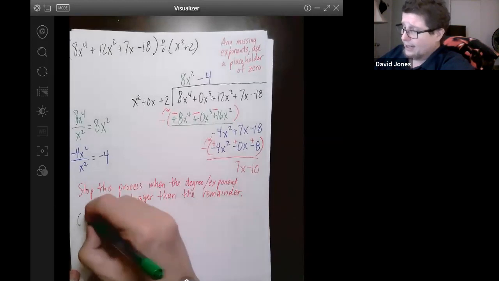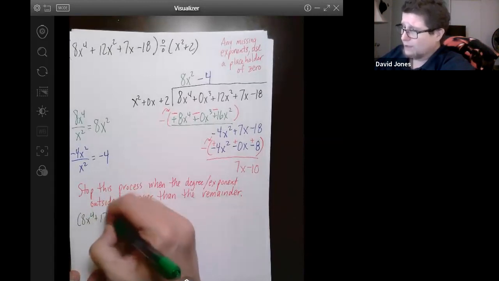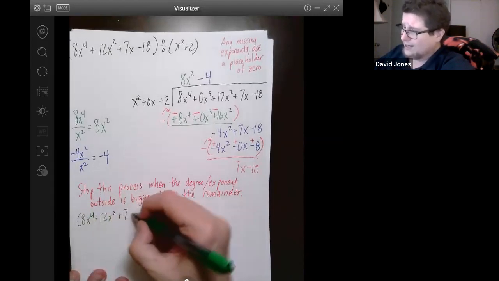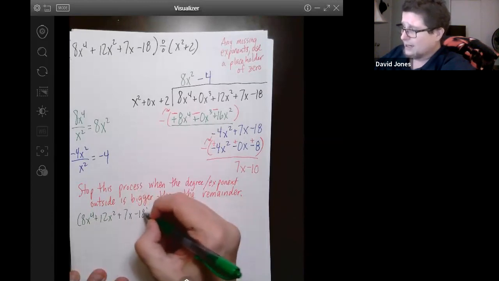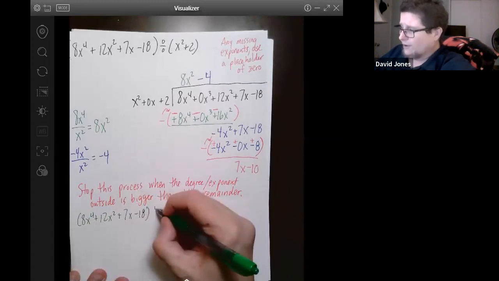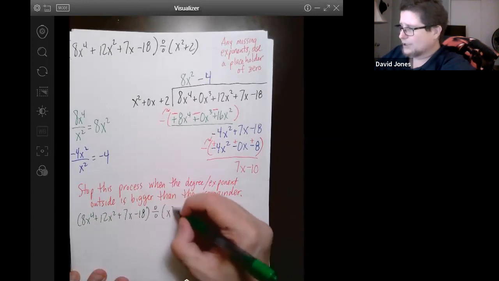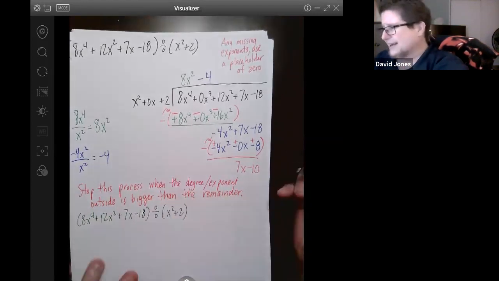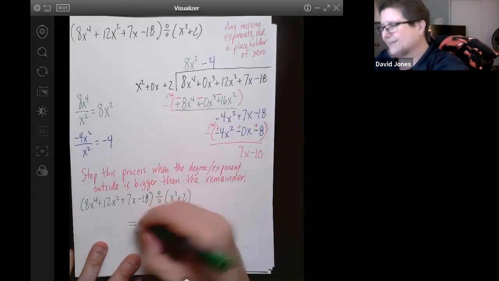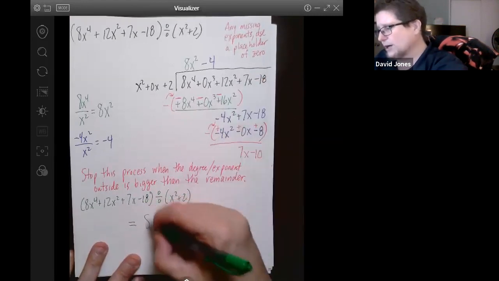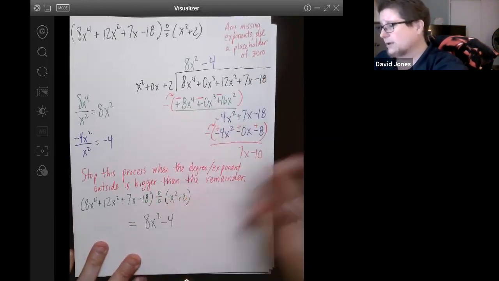So 8x to the fourth power plus 12x squared plus 7x minus 18, all that in parentheses divided by x squared plus 2, equals what we have on top, 8x squared minus 4.